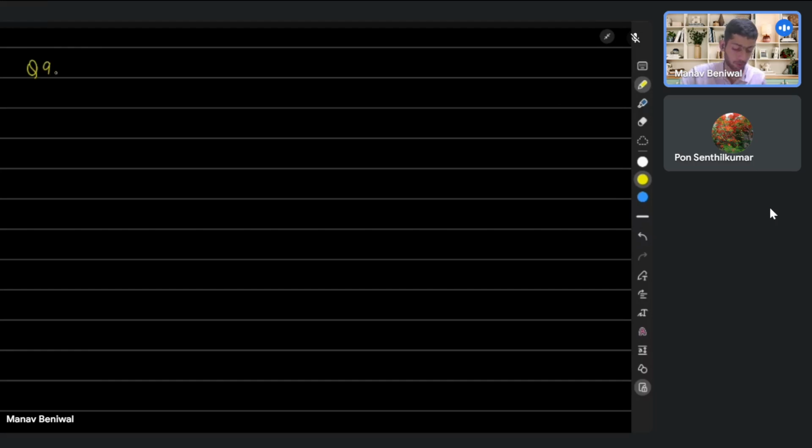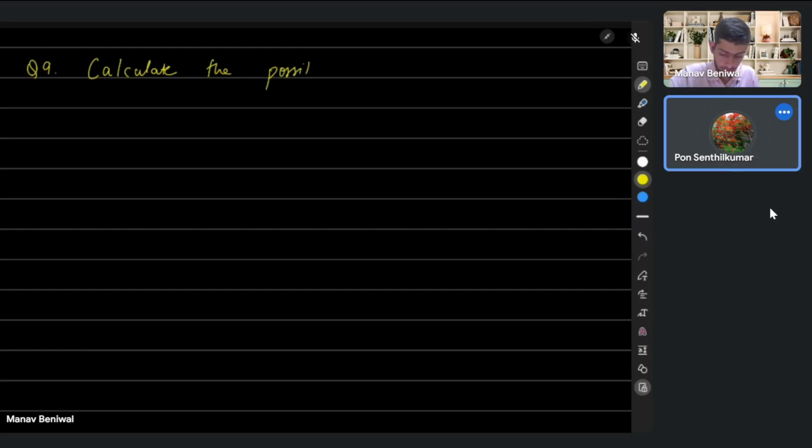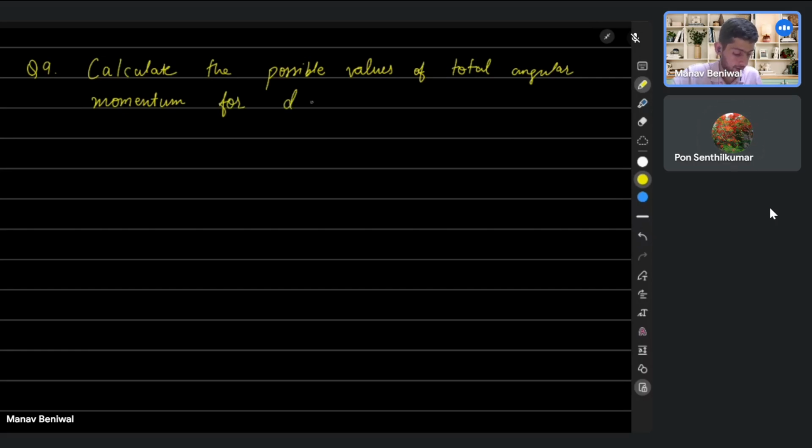Let's solve one more, which is similar but slightly different. So we are given d orbital electron again, and we are asked to calculate the possible values of total angular momentum for d electron.